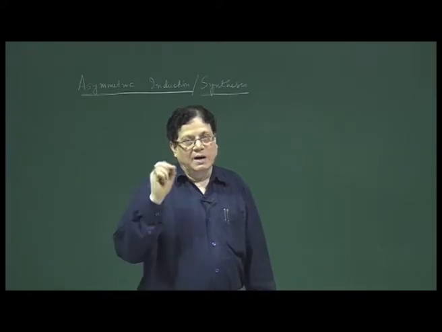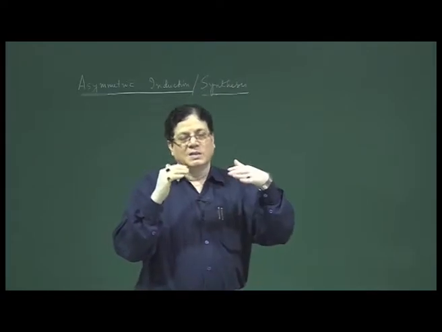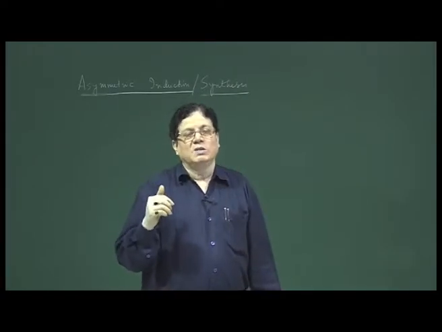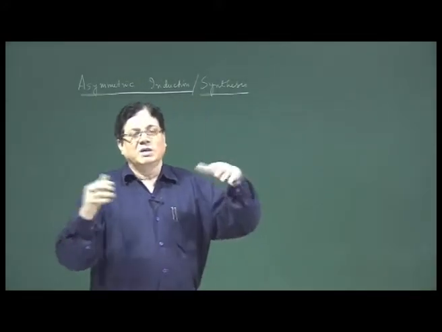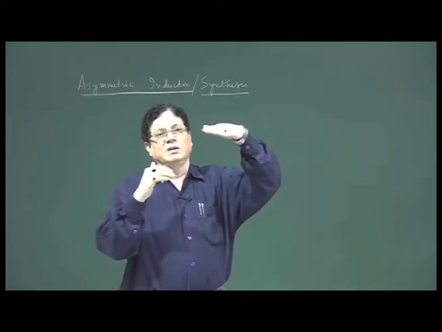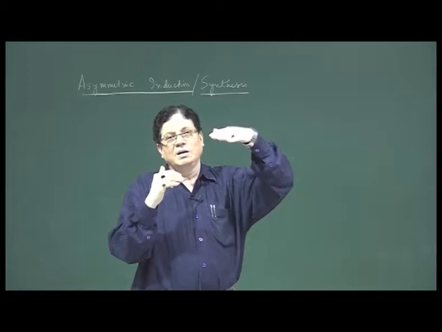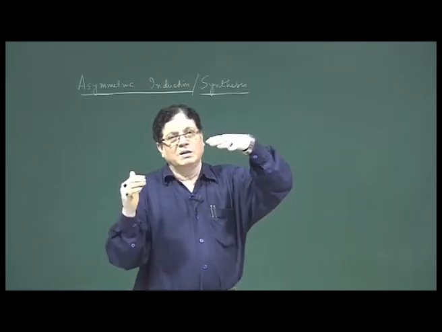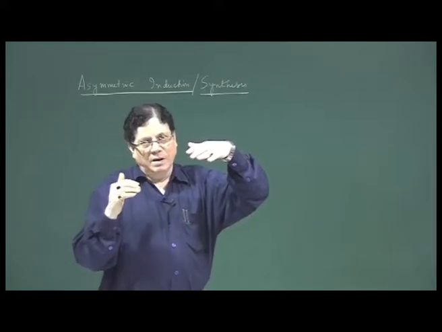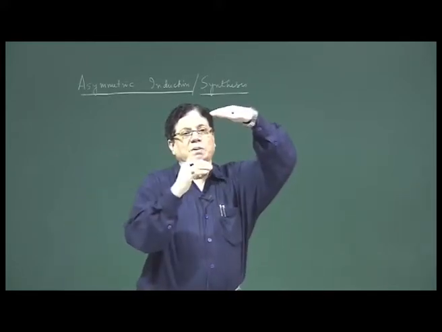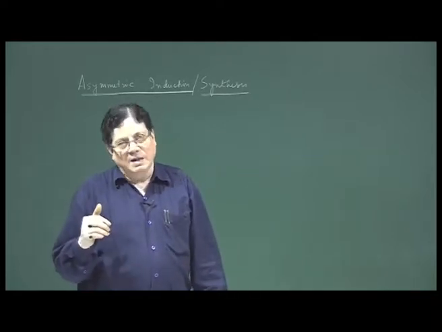So, the target of asymmetric synthesis is to make the gap between the transition states for the two diastereomers as large as possible. Ultimately it may lead to enantiomers, but the transition state has to be diastereomeric. Whether you are leading to enantiomer ultimately or diastereomer does not matter; the reaction has to go through a diastereomeric transition state, and the bigger the difference, the greater will be your success in asymmetric synthesis.